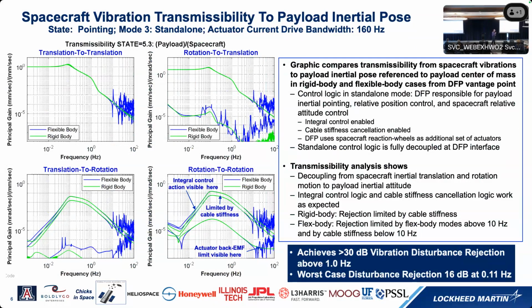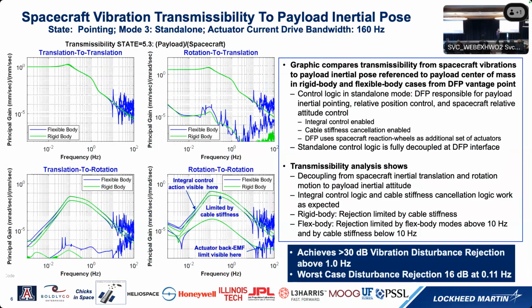At lower frequency, we get additional rejection because of the attitude control loop, based on information from the payload, that basically cancels the effect of the cable at low frequency. And at high frequency, we are operating effectively in isolation mode.